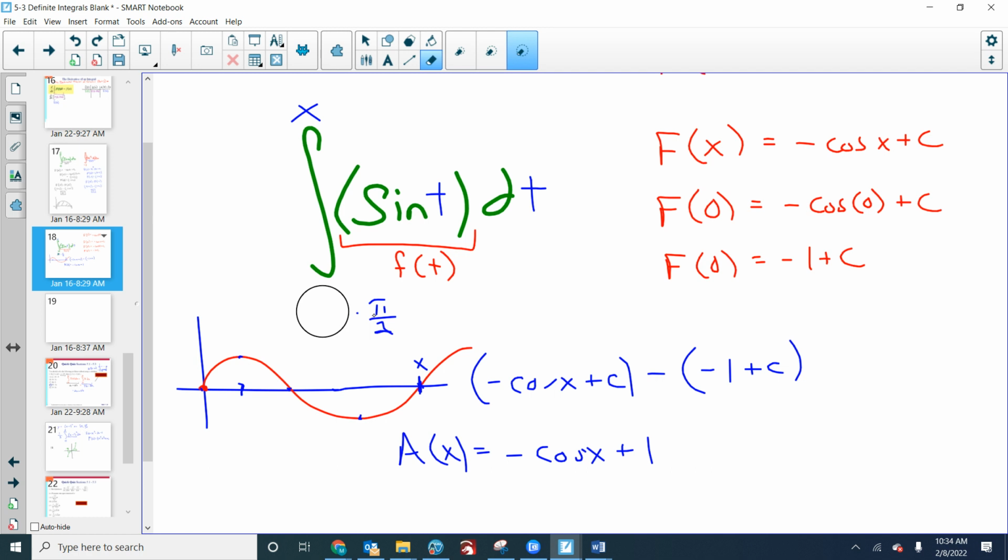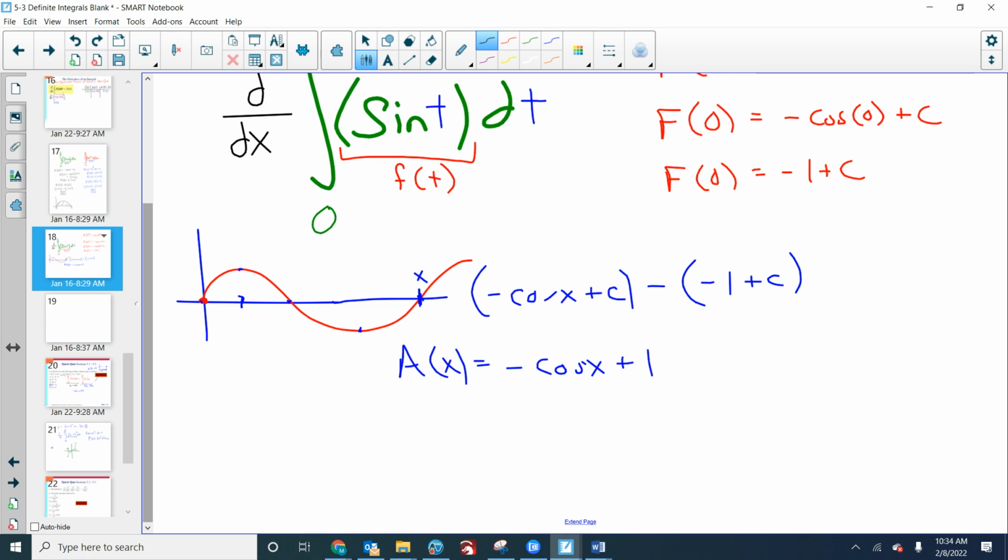Next question. Little f, column 1. A of x, column 2. Derivative of A of x, column 3. What is the derivative of A of x?